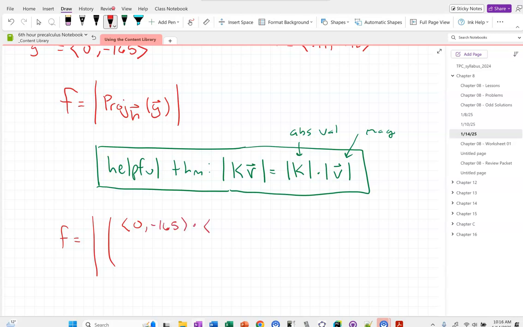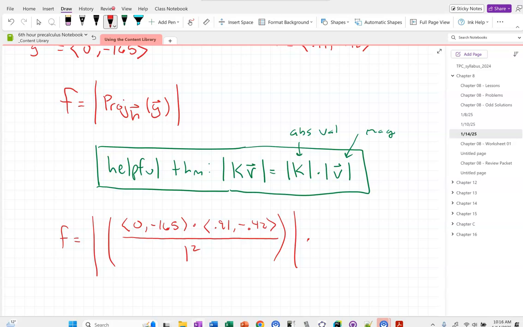I have the dot product of G and H over the magnitude of H. And remember, the magnitude of H is just 1, right? We set it to be 1.